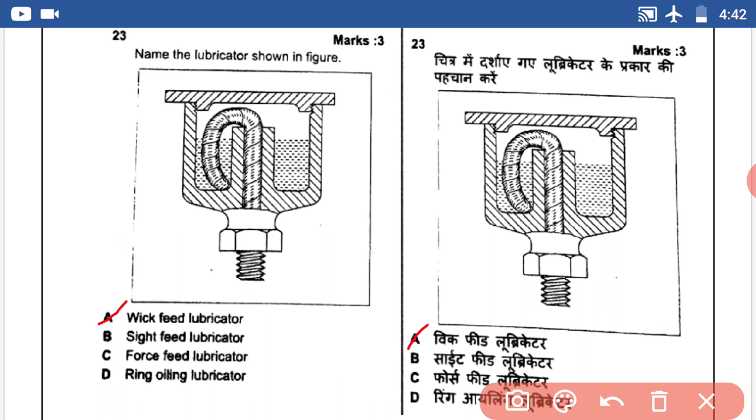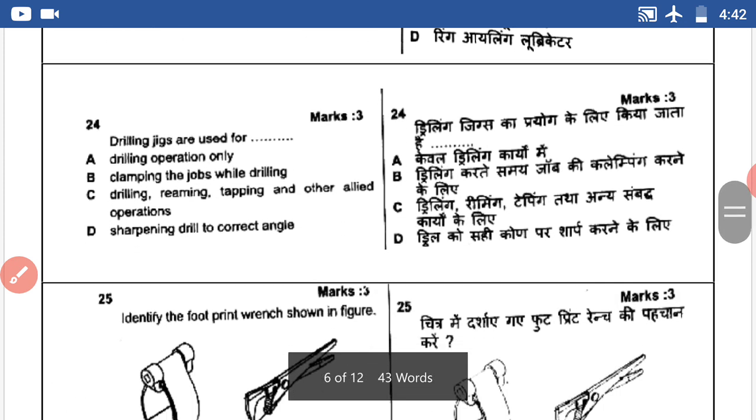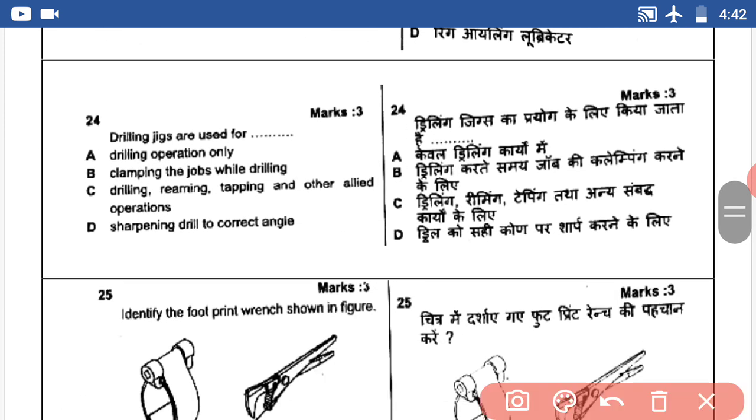Question number 24. Drilling jigs are used for dash. This question's answer: drilling, reaming, tapping and other allied operations. Answer C. Question number 25.